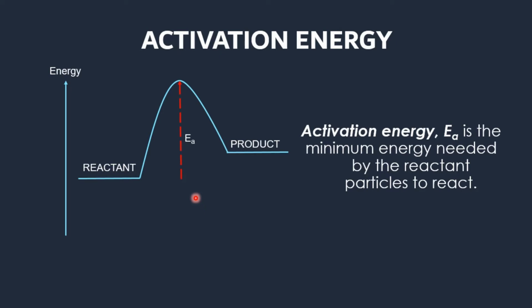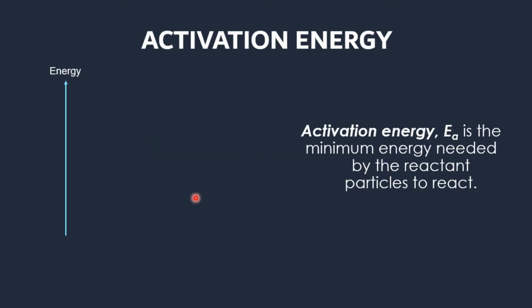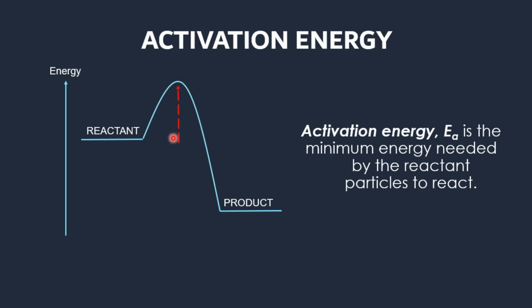Selain daripada bentuk ni, kita ada lagi satu bentuk di mana the reactant level is higher than the product level. So for this energy profile diagram, the activation energy we must draw from the reactant to the peak.